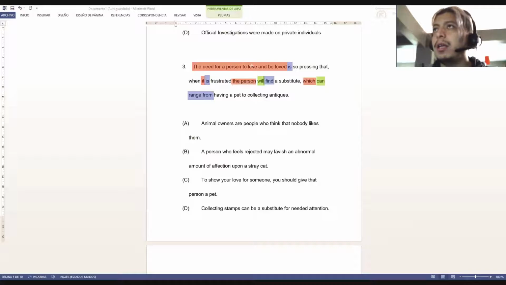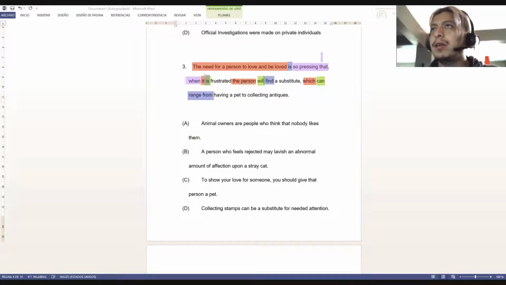So then the need for a person to love and be loved is this. So pressing. It's very, very pressing. It applies pressure. This is a connector, that. This is another connector, when this need is frustrated. Yeah, actually, you know what? This is a little weird. This is actually the passive voice.